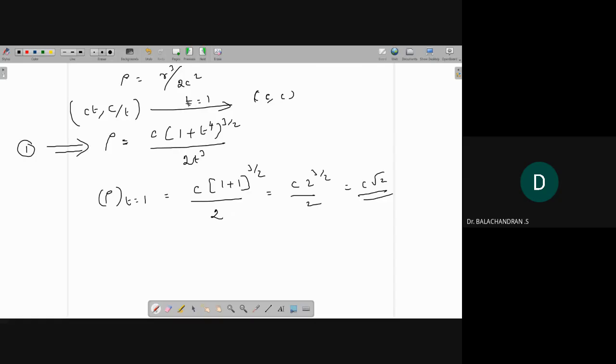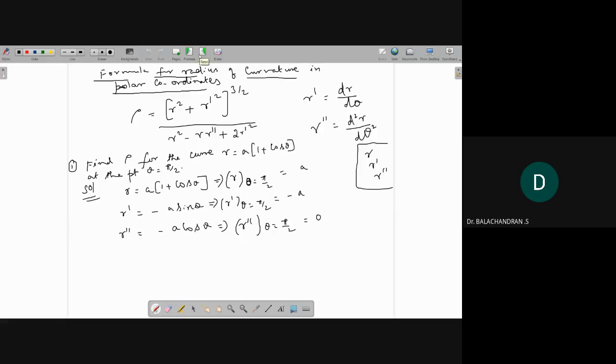Now if you substitute t equal to 1 here in ct comma c by t, I'll get c comma c. Similarly, you should substitute t equal to 1 here. So rho at t equal to 1 is c into 1 plus 1 whole power 3 by 2 divided by 2. So 2 root 2 into c by 2. So 2 gets cancelled. So final answer is c root 2.